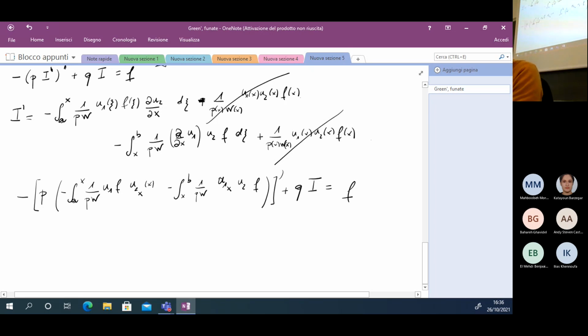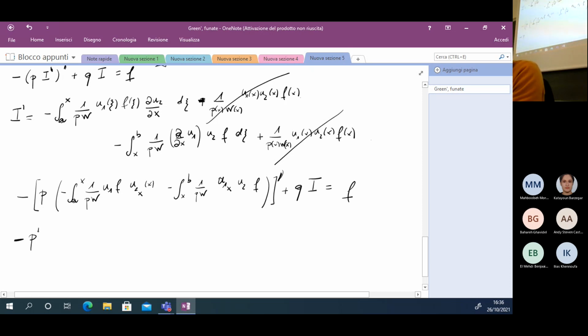Now I have the derivative of p. Since this is the derivative of a product, I have to do the derivative of the first times the second plus the first times the derivative of the second, right? So I have a minus sign in front of everything.